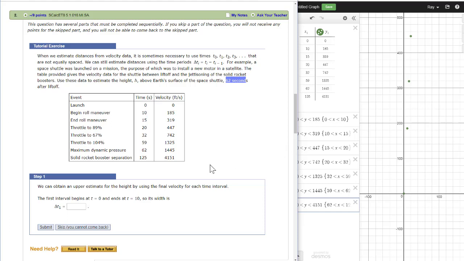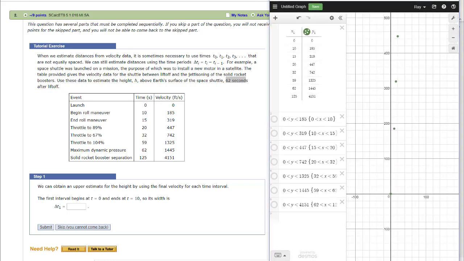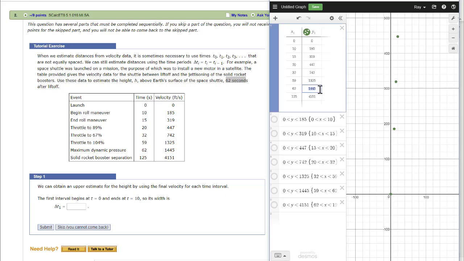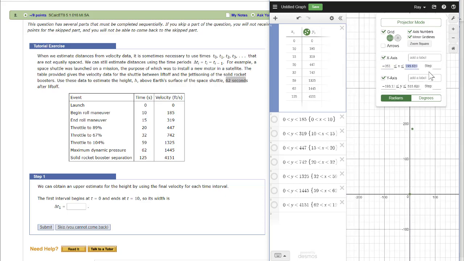So if we take a look at the data set here, again, it's typed up in Desmos. It's hard to see this because it goes all the way up to 141. Actually, they said they just want to go up to 62 seconds. So let's round off to maybe 1500. And let's have our x values go to 100, so let's adjust the x-axis from minus 25 to 100.